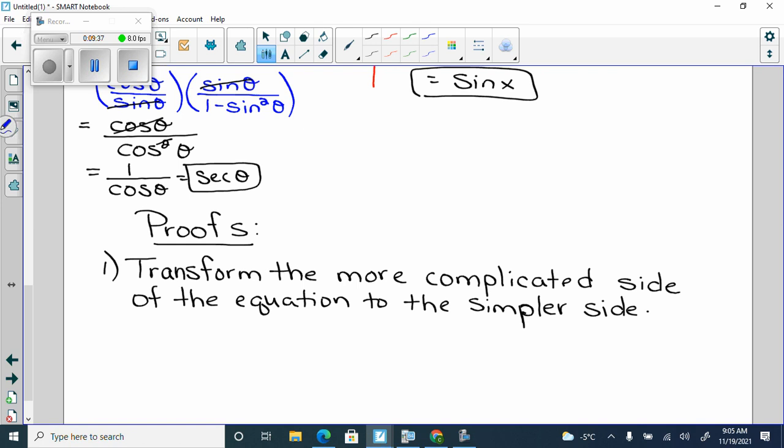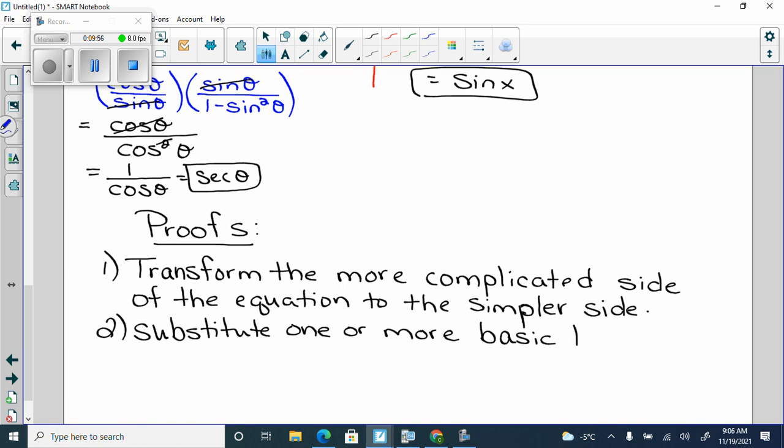2, substitute 1 or more basic trig identities to simplify expressions just like we did above.